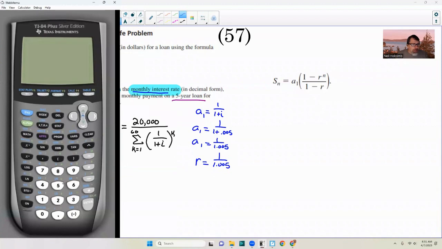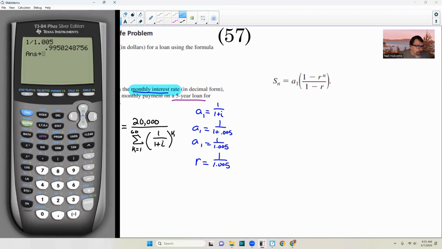Okay. And I'm going to calculate this for r. So I'm going to say 1 divided by 1.005, enter. And I got 0.99502487756, blah, blah, blah. I'm going to store that value for r and use the letter r right here.